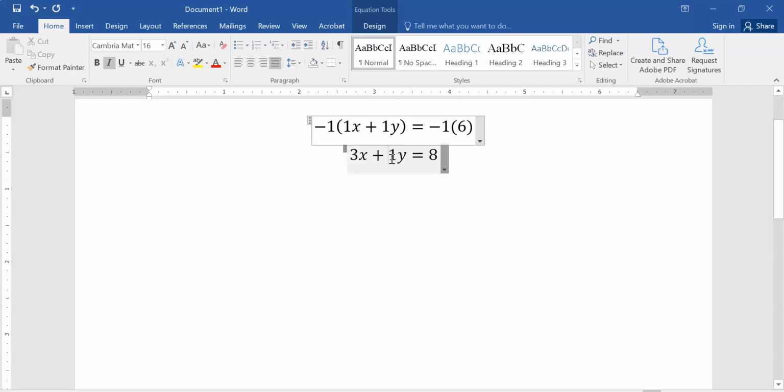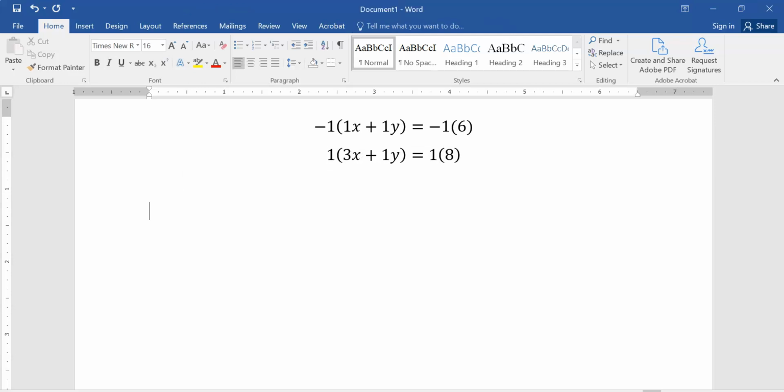Again, notice that I changed the sign from a +1 to a -1. Second equation, my coefficient of y up here is a positive 1. I'm going to keep the sign the same, multiply that by a 1 on the left, and a 1 on the right.